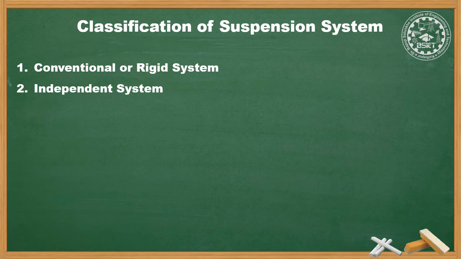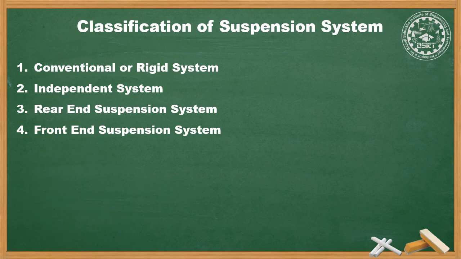The independent suspension systems are again classified. Rear end suspension systems are classified as longitudinal leaf spring, transverse leaf spring, coil spring. The examples of the rear end suspension are motorcycles, mopeds, etc. Fourth, front end suspension system.